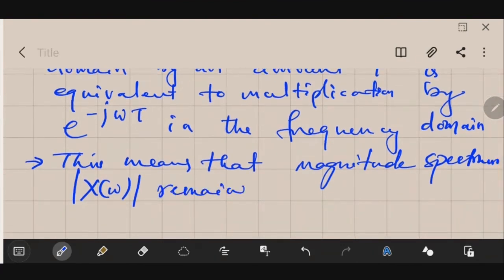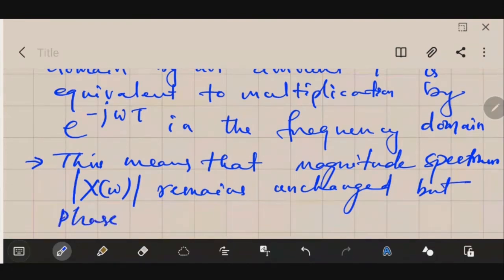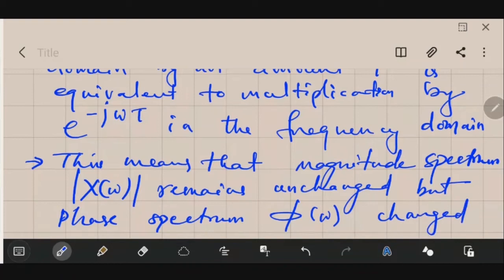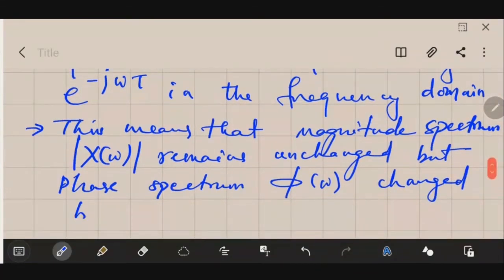However, the phase spectrum, which is phi of omega, is changed. It is changed by how much? By minus omega T.